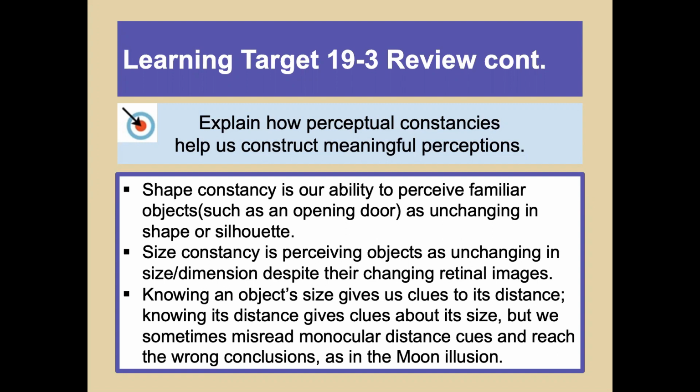Size constancy is perceiving objects as unchanging in size or dimension, despite their changing retinal images in our eyes. Knowing an object's size gives us clues to its distance, right? If something's smaller, it appears farther away. But we sometimes misread monocular cues and reach the wrong conclusions.